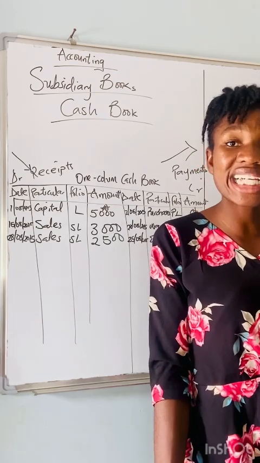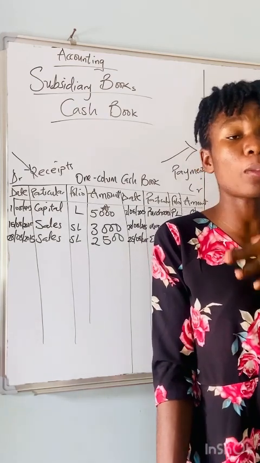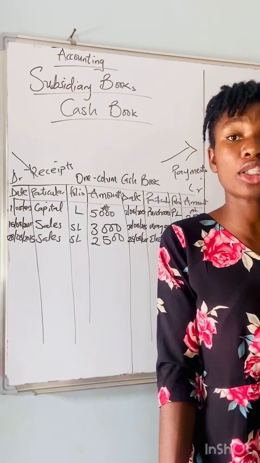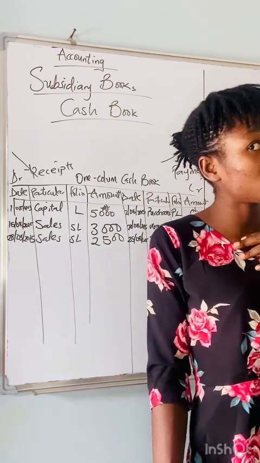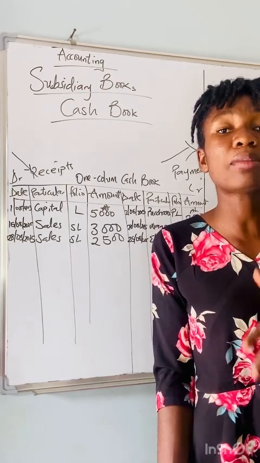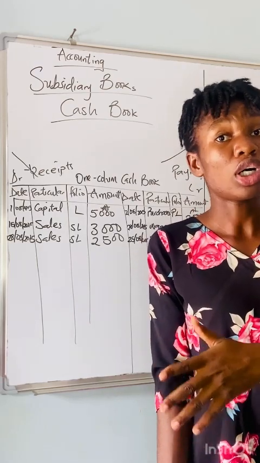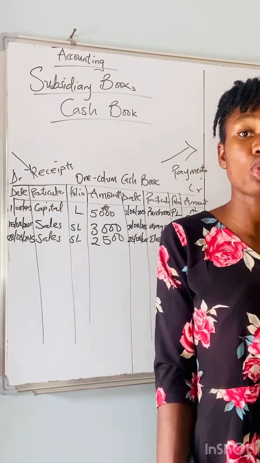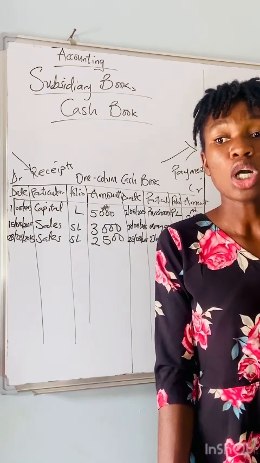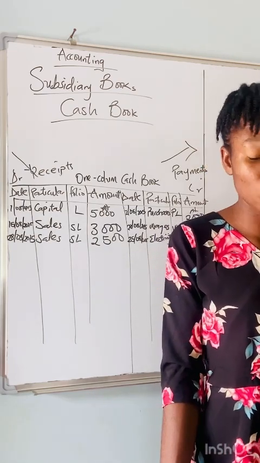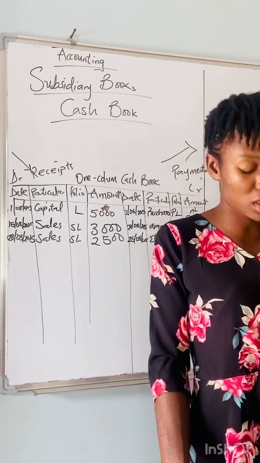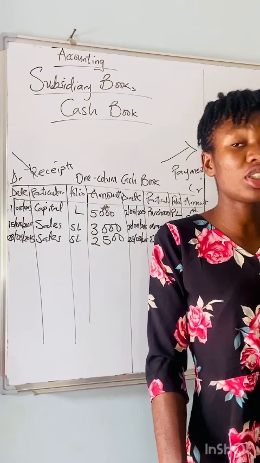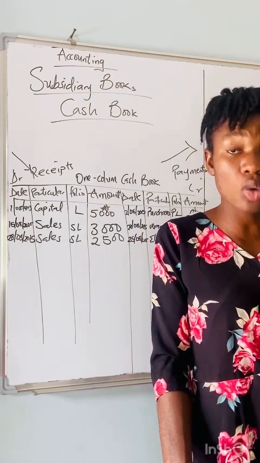When the proprietor or the owner of the business withdraws money from the business for his own personal use, the term is known as drawings. But when cash is withdrawn for business use, it is not drawings. We'll be explaining that in our next video. So in this case, we withdrew cash for private or personal use, so the accounting term used here is drawings.